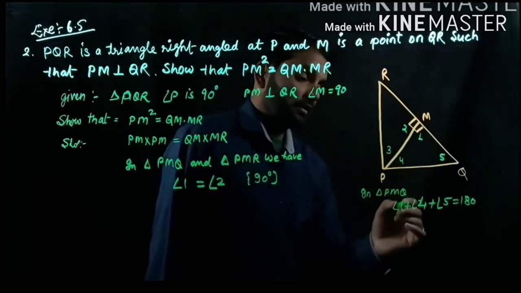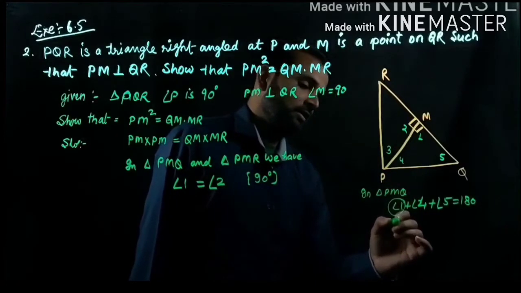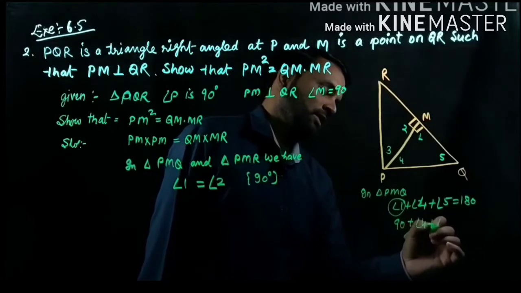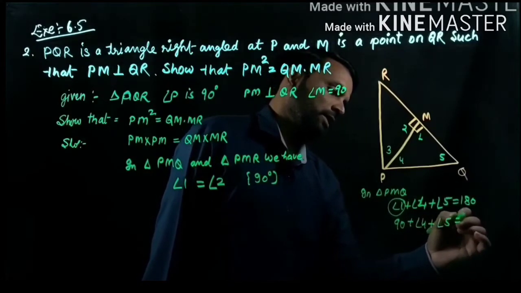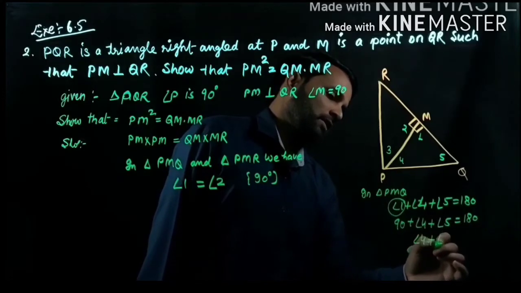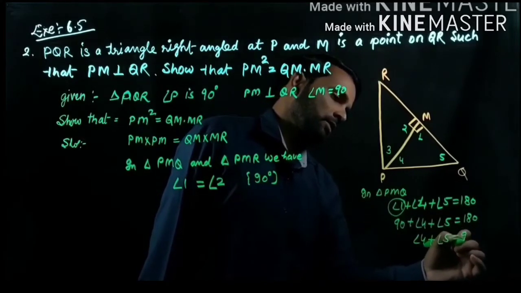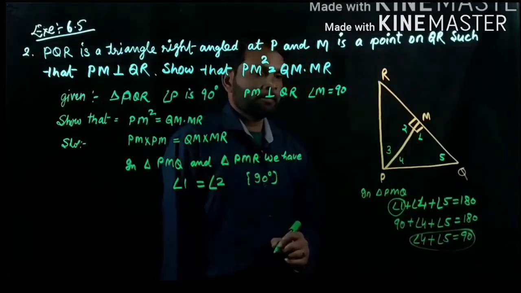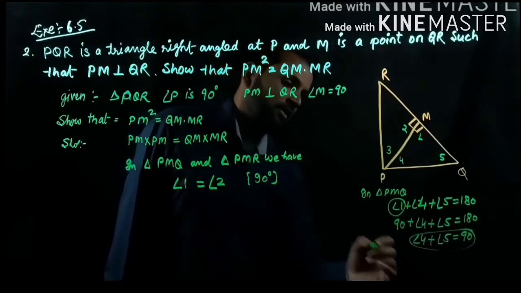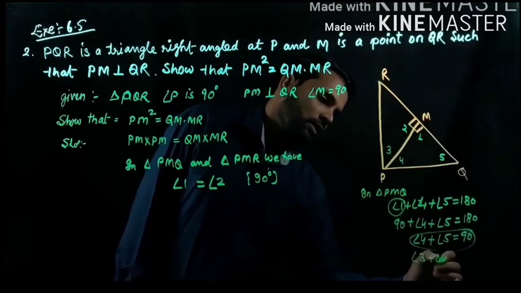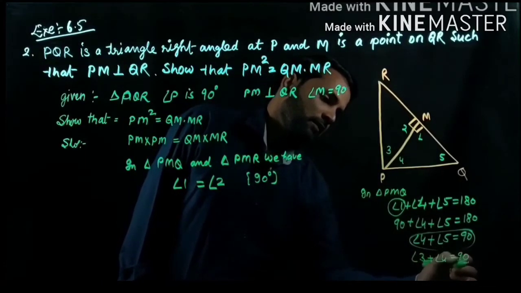Angle 1 is 90, so angle 4 plus angle 5 is equal to 90. Second, it is already given that angle 3 plus angle 4 is equal to 90.